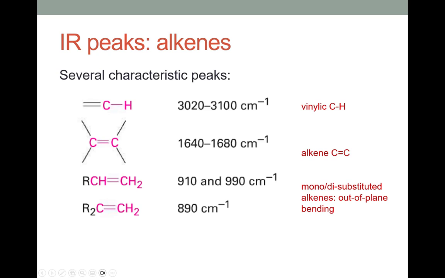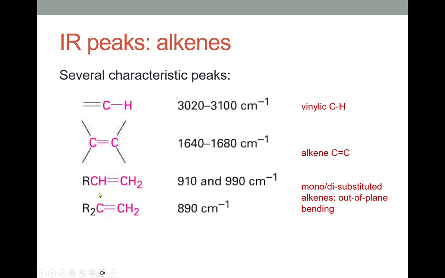When we add in our double bond, we see a couple of characteristic peaks. So the ones that we'll be looking for by eye are going to be the CH, if there is a hydrogen connected to an alkene carbon, or so-called vinylic hydrogen. We'll see that as our sharp peak around 3100. The CC double bond itself should show up as a pretty strong, medium intensity sharp peak around 1650.